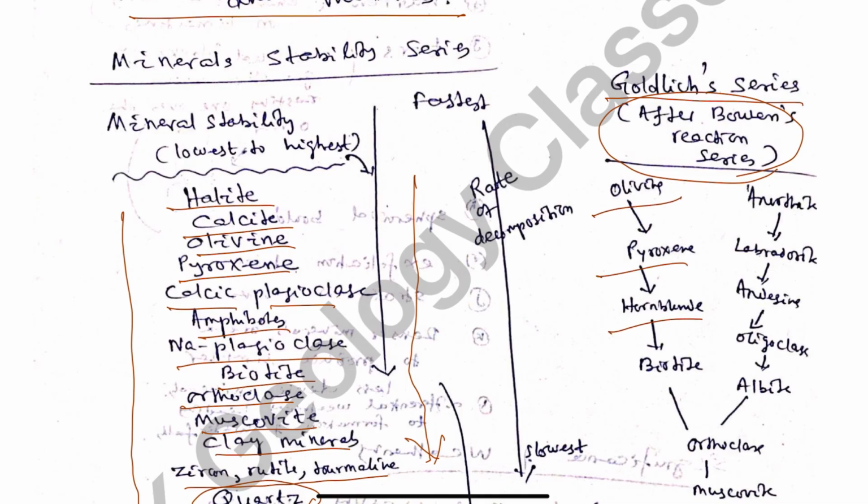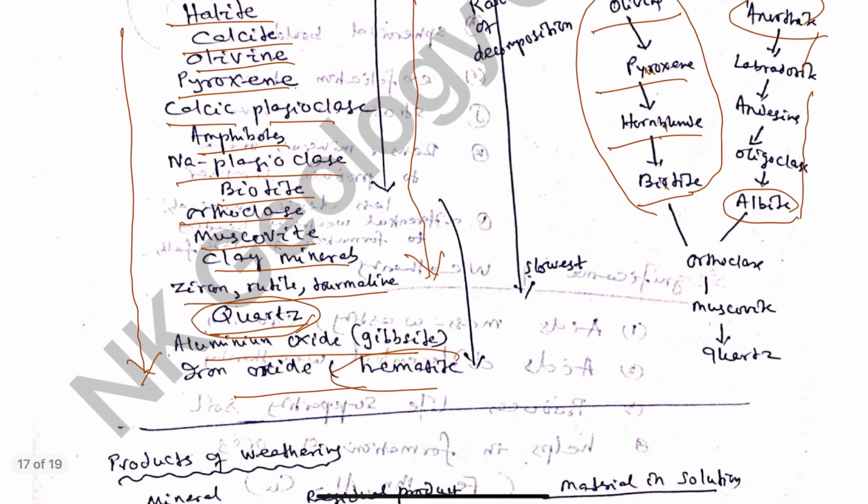Olivines, pyroxenes, amphiboles, biotite. So olivine is more breakable than pyroxene. Pyroxene is more breakable than hornblende. Hornblende is more breakable than biotite. Similarly, anorthite is more breakable than labradorite. And similarly, as you go down, albites become more stable than anorthite.